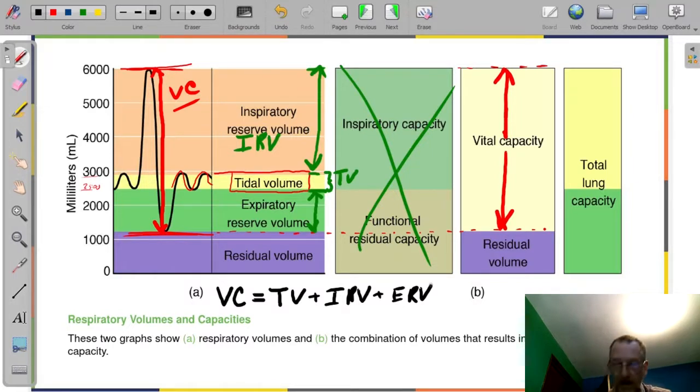And likewise, with the other example, you should be able to solve for any one of these terms if you're given the other three.